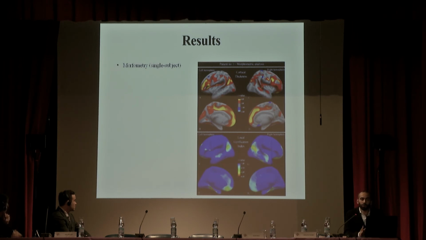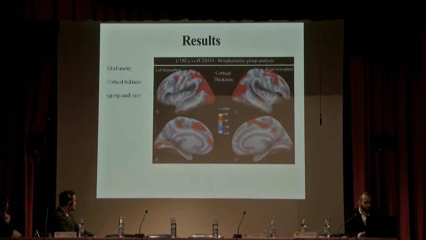What really matters is the group analysis. If we compare the entire group of patients with PCDH19 mutation with the healthy controls, these are the results. This is cortical thickness data. As you can see, there is quite a widespread thickening of the cortical regions in the temporal lobe, frontal pole. So there is no specific pattern with respect to the variations in cortical thickness in these patients, even though there's an alteration.